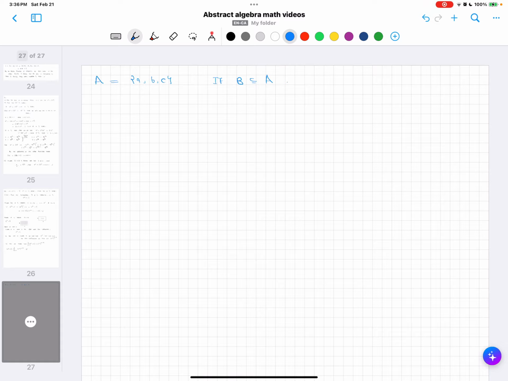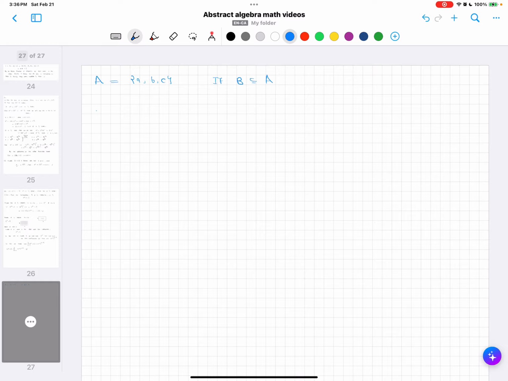So, well, how can we construct such a B? So the question of asking how many subsets there are is the same thing as asking how many B's can we construct, and that is the same thing as asking how many possible elements can we construct for a specific random subset B.